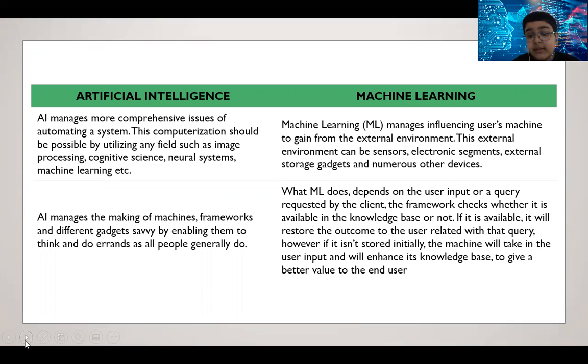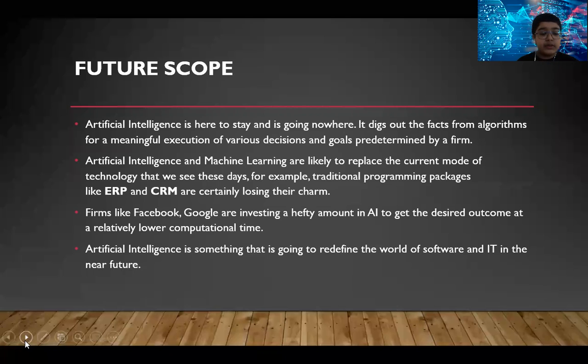However, if it isn't stored initially, the machine will take in the user input and will enhance its own knowledge base to give a better value to the user's end. AI manages the making of machines, frameworks, and different gadgets savvy by enabling them to think and do errands as all people generally do.